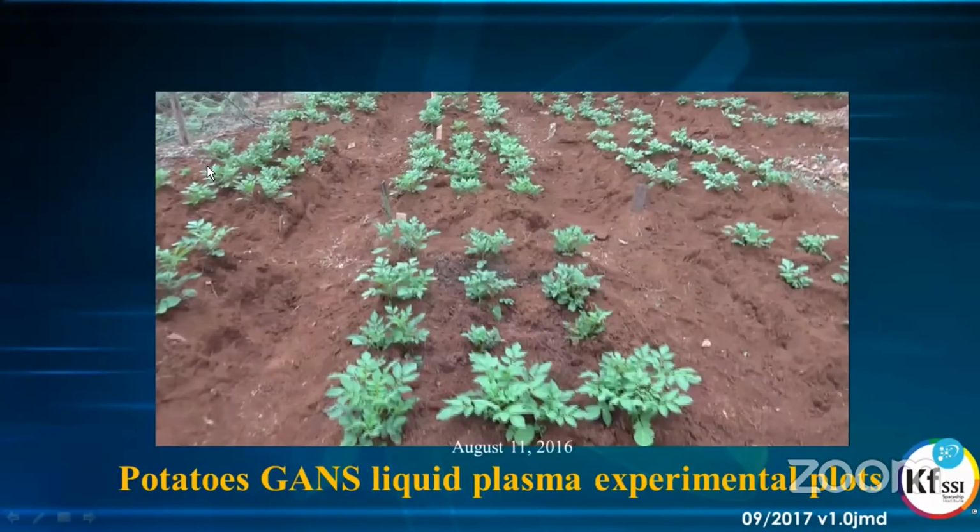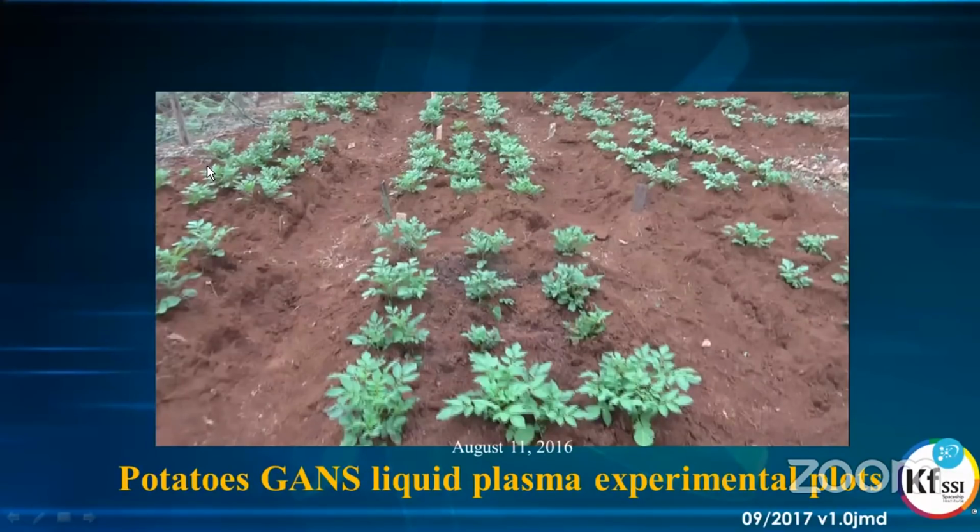Let's say, for example, you are testing CO2 liquid plasma, and you have a control which you treat with just plain water. Some you would irrigate with water, and the other crops you irrigate with CO2 liquid plasma. Now you need to have them separate.